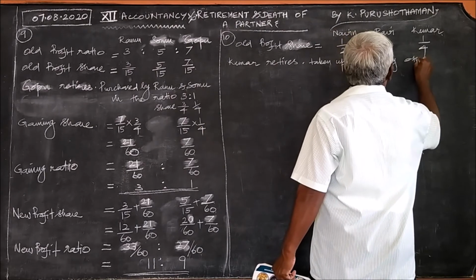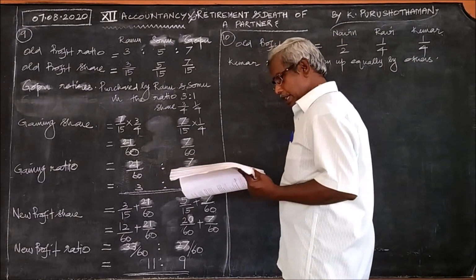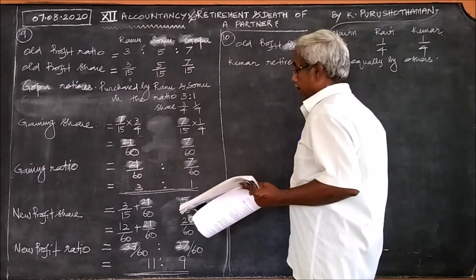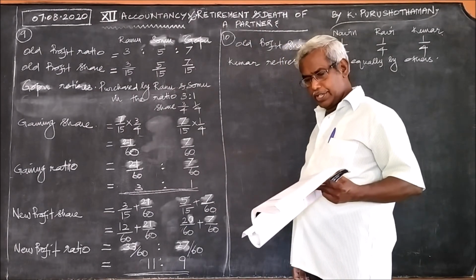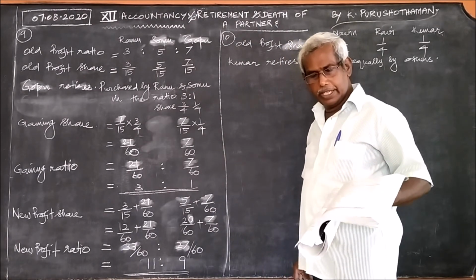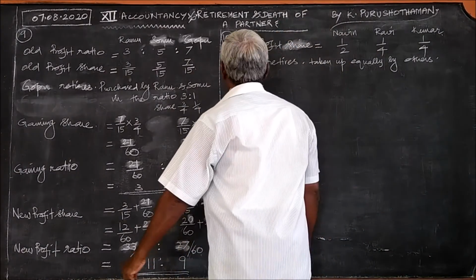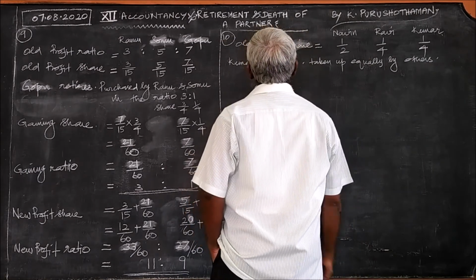This is the question. Kumar retires, and this share is taken up by Naveen and Ravi equally. The same thing, taken up equally by others.